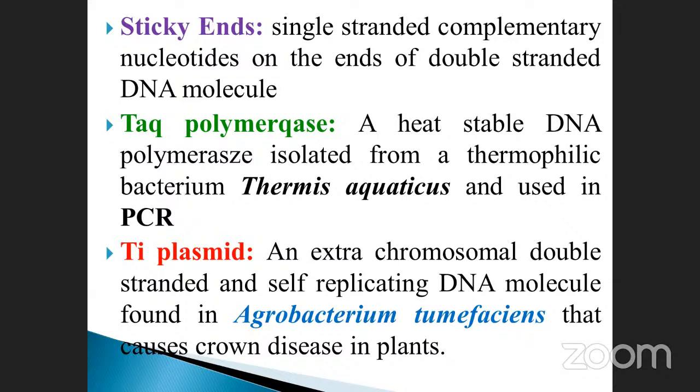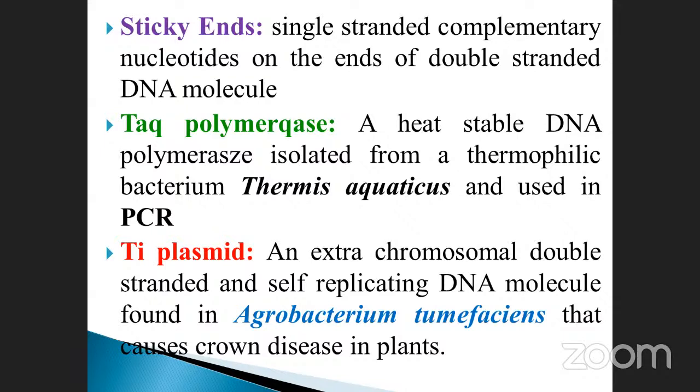Don't forget, my dear students. Agro means plant or agriculture related, bacterium you know. Tume means tumor. That's why the tumor inducing plasmid is isolated from Agrobacterium tumefaciens.